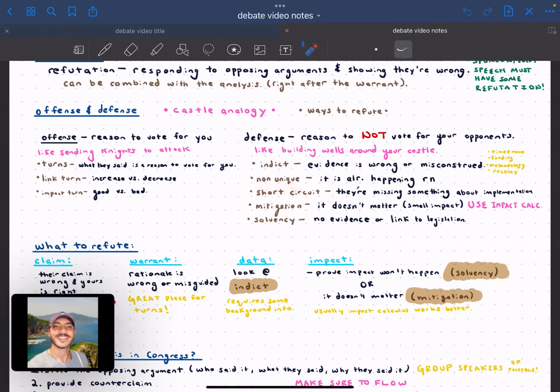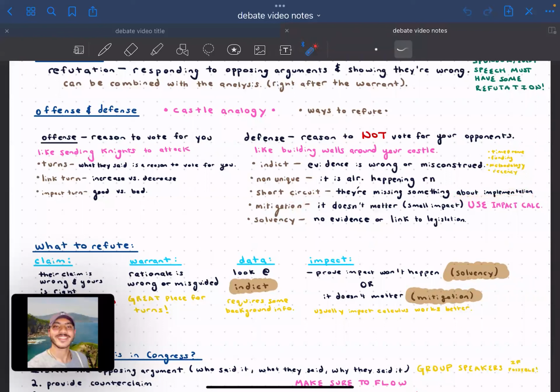Non-unique: it's already happening right now. This is a very common phrase to use in congressional debate, that this argument is non-unique, Judge, because this event is already happening. There's nothing new. They're not explaining anything that the legislation is actually going to do. Short circuit: they're missing something about the implementation.